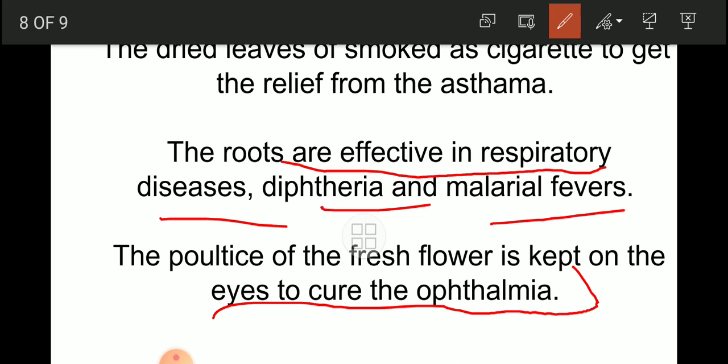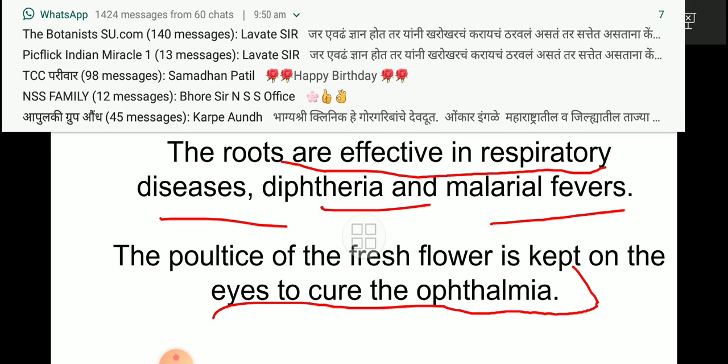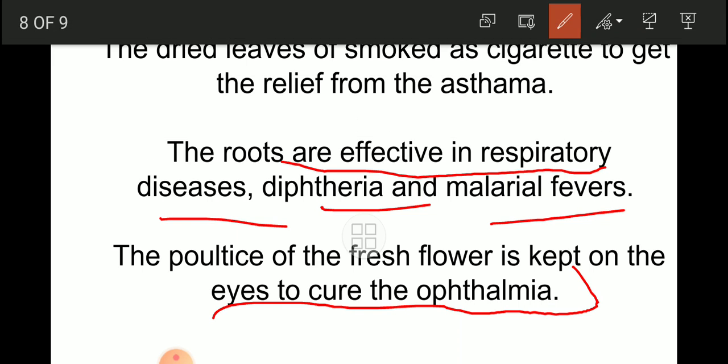Make the decoction. Suppose somebody is suffering from cough, diarrhea, dysentery, or eye problems, or the respiratory tract system has a lot of problems. At that time it can be used medicinally.